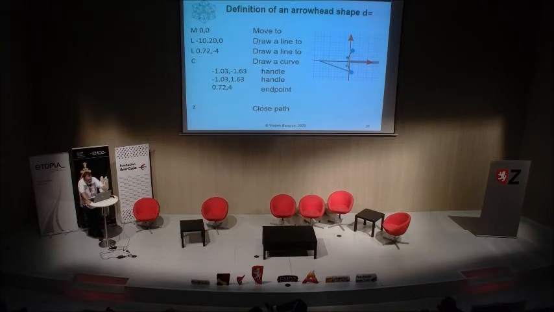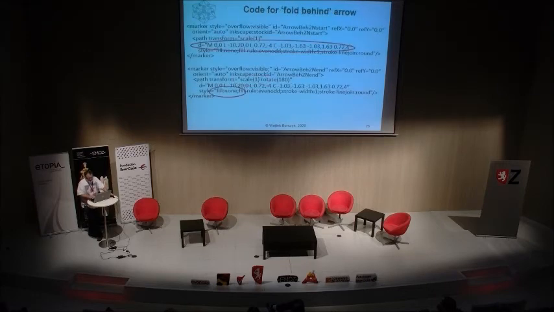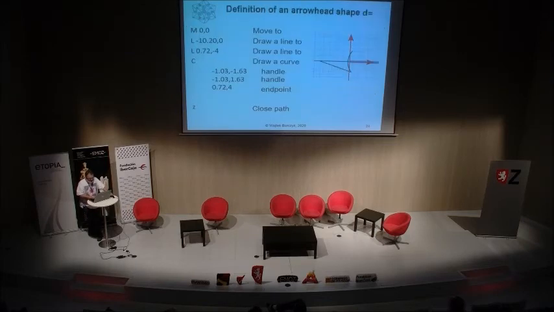And also, it is not used in the fold behind arrow, but there is a very useful Z, which means close the path. So that's the explanation of what I put in the definition file here. It's exactly what I explained.